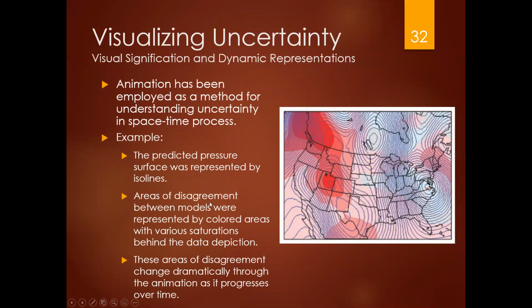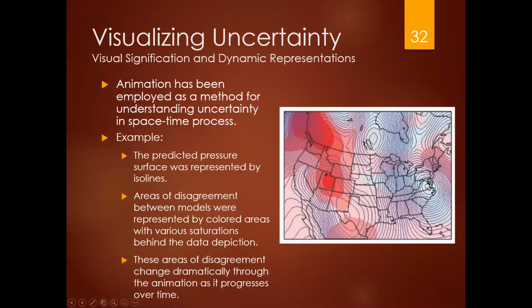Areas of disagreement between different prediction models were represented by colored areas with various saturation behind the data depiction. More saturated areas are the areas for higher uncertainty. Less saturated areas are for areas with lower uncertainty. This is a single frame of the animation.